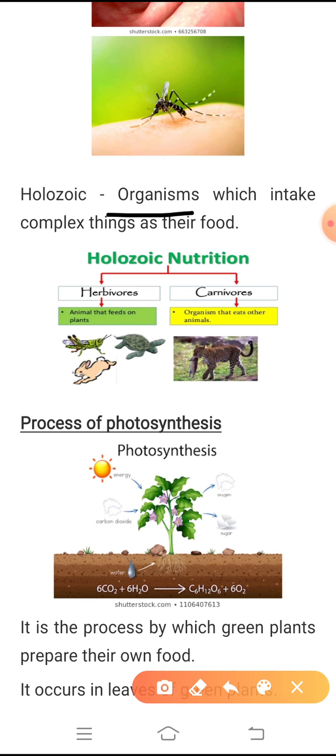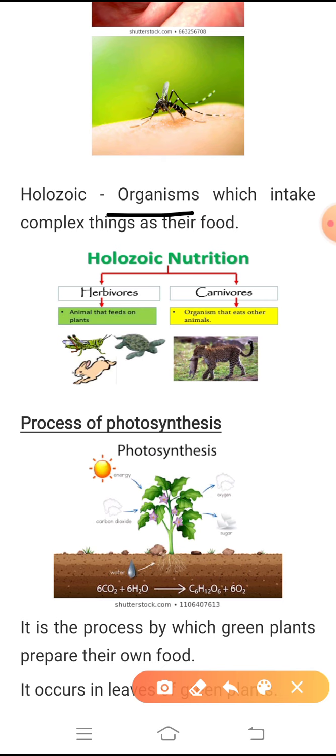For example, we eat rice, we eat meat, right? So we may not eat glucose directly as food, as I discussed, but those simple things combine to form complex food, and when we take those complex things as food, for example rice, which is a complex thing, what happens is that the rice which enters our body as a complex thing cannot be digested by a cell directly.